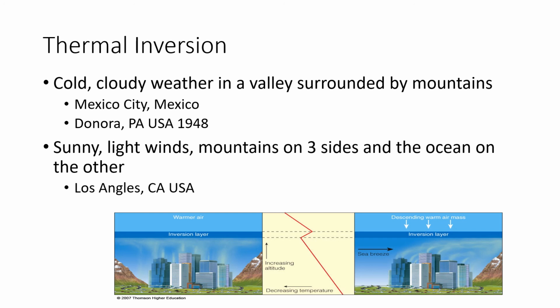But Los Angeles is surrounded by mountains on three sides, and the other side has an ocean. So it's still in this weird little pocket. And that's why all of those pollutants stay in the atmosphere around LA until it gets blown away. And so you end up with this haze from the photochemical smog.